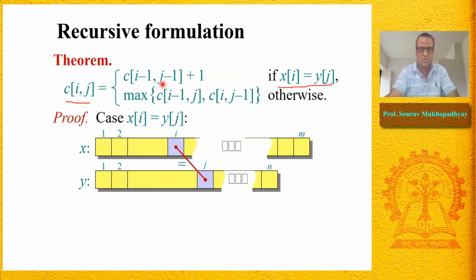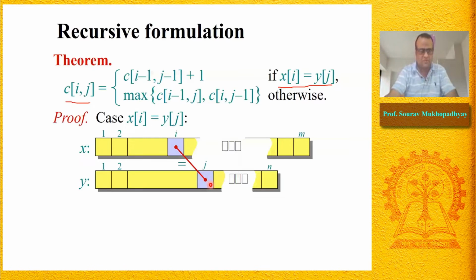That means if we consider the x sequence up to i minus 1 and the y sequence up to j minus 1, then the length of the longest common subsequence of these two sequences, if we add 1 to it, will give us Cij, the length of the longest common subsequence up to i and up to j. So that is our claim.